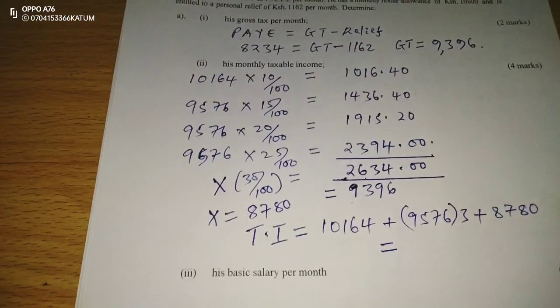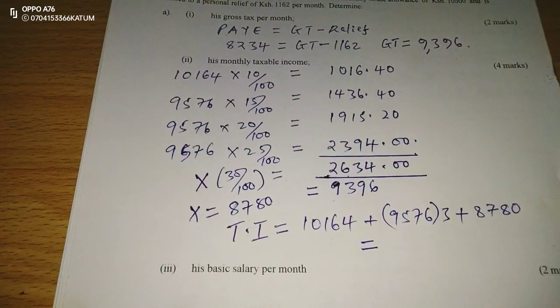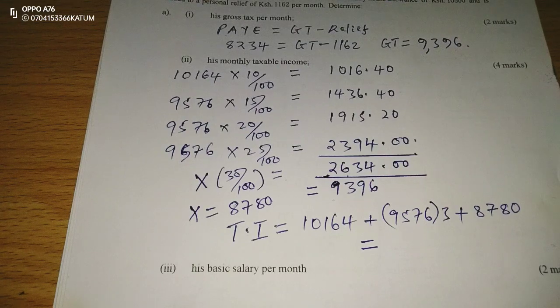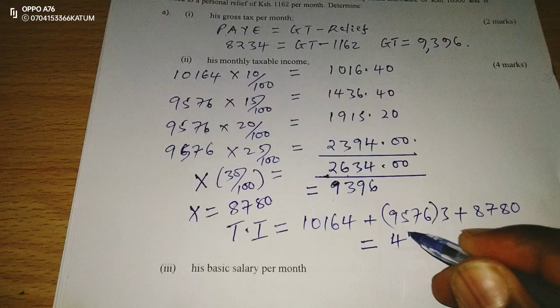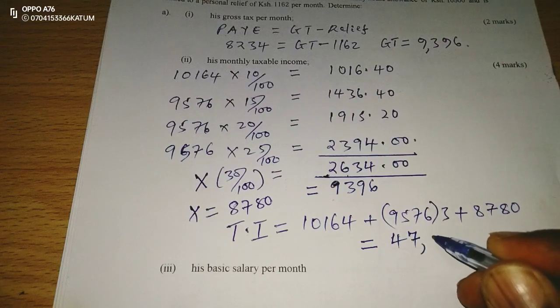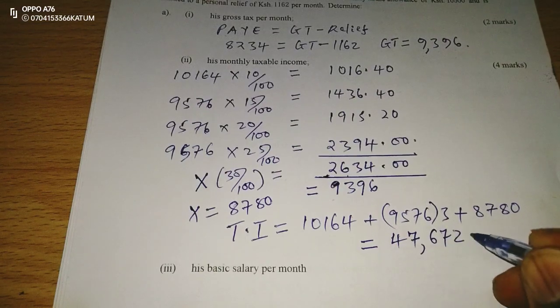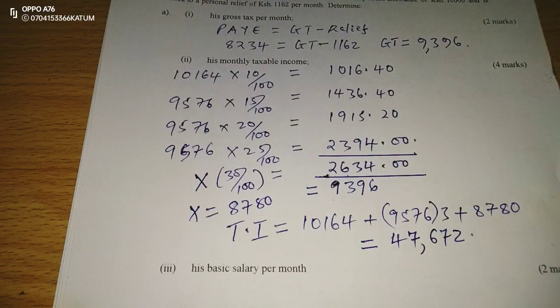So this is going to be 10,164 plus 3 multiplied by 9,576 plus 8,780. This is 47,672 Kenya shillings. So that is the total taxable income.